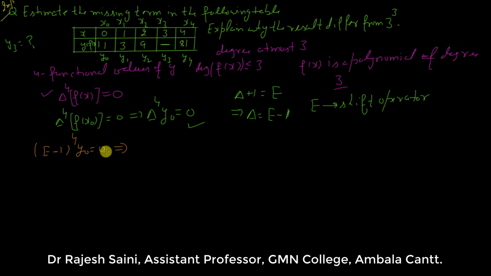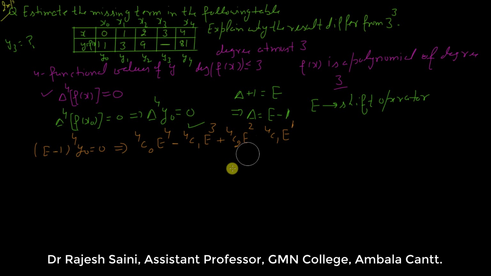This implies that using the binomial theorem to expand this one, what will we get? We'll get 4C0 E^4, since here is minus, so here will be minus, at alternate position we will be using minus, 4C1 E^3 plus 4C2 E^2 minus 4C1 E^1, and at alternate position you have to use the minus sign.